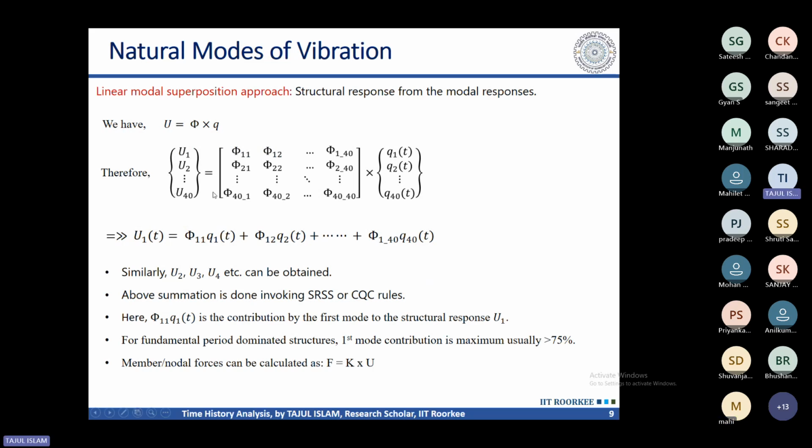What we do is simplify this in terms of modal deformation, because modal deformation gives the deformation of a single degree of freedom system, and it is easy to analyze a single degree of freedom system compared to a multi-degree of freedom system. So you find out the deformation quantity q1, then this q1 multiplied with this mode shape matrix will give you the deformation for the actual structure.